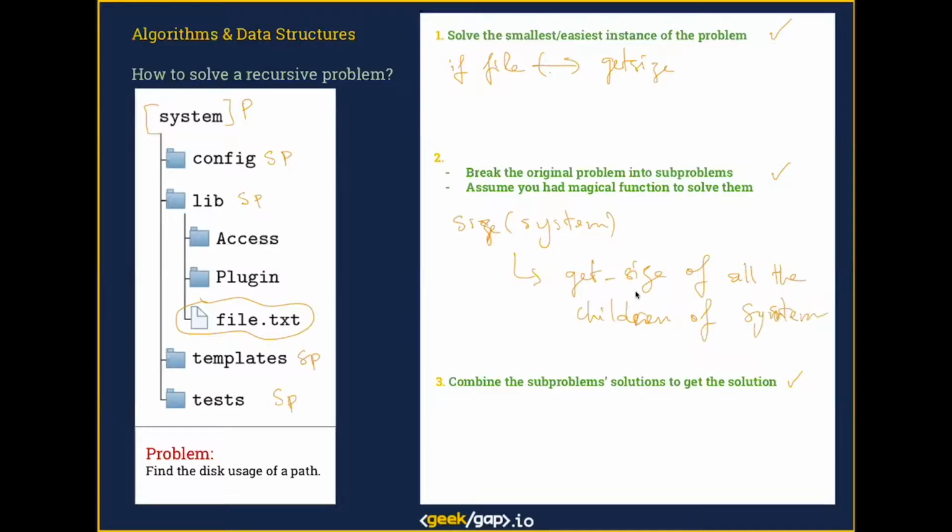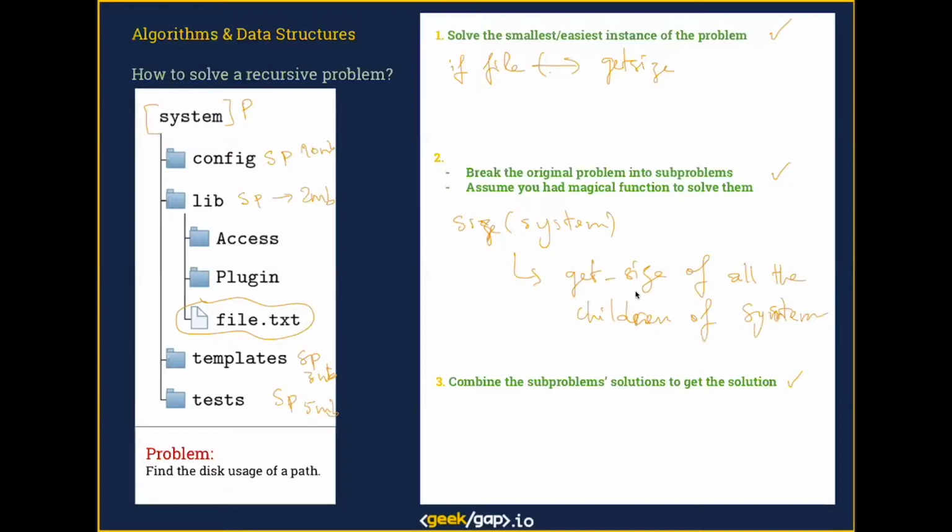So this may give you maybe 2 megabytes, this may give you 3 megabytes here, this may give you 5 megabytes, and so on and so forth. And this may give you 10 megabytes.